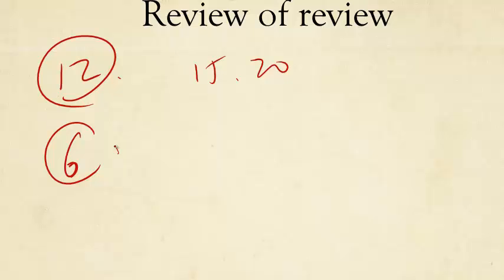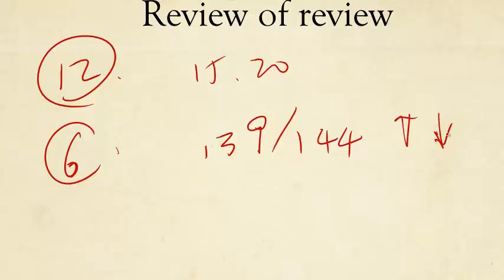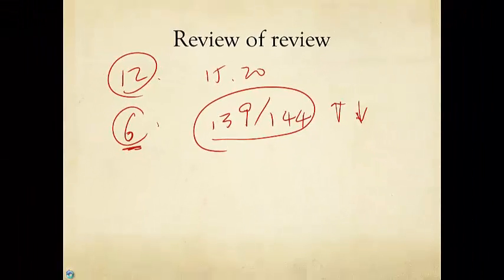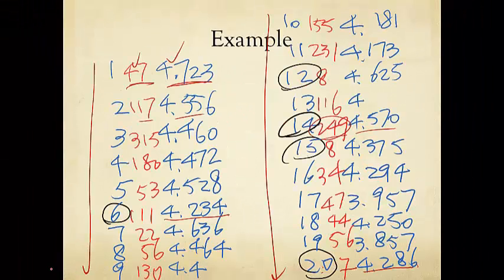The most helpful review has 139 out of 144 people saying that it's helpful. So the binary count of thumbs up and down is very favorable to the reviews. So people may trust the reviews much more. And this explains also the position of number 6. So let's take a look at 12 and 6. Here's 6. That's why, even though its score is only 4.2, it is positioned quite high.